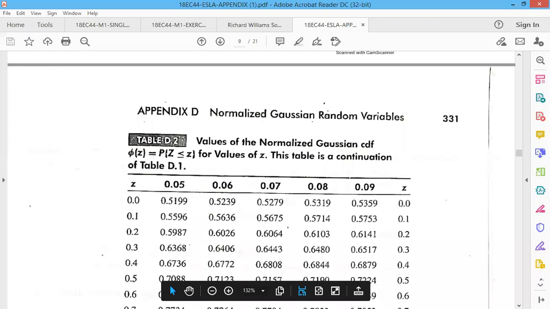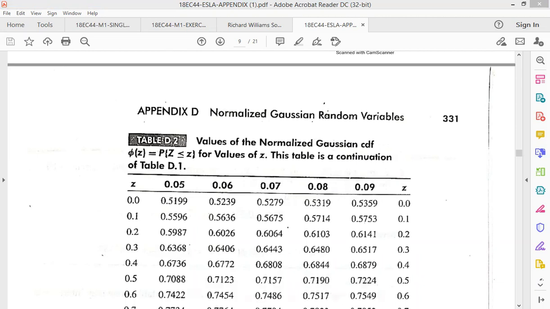Note down that corresponding value. So 0.34 gives 0.6331, and phi of 0.35 is 0.6368, between which lies approximately 0.6340.